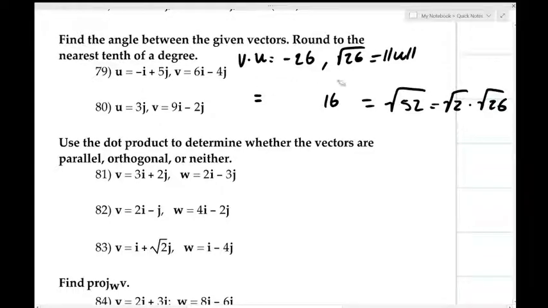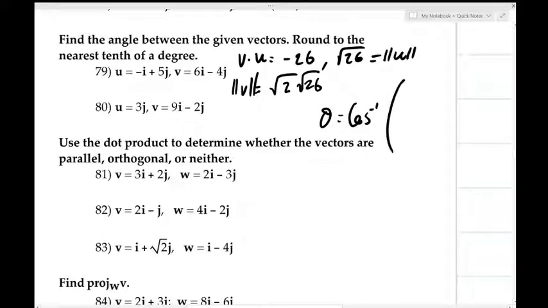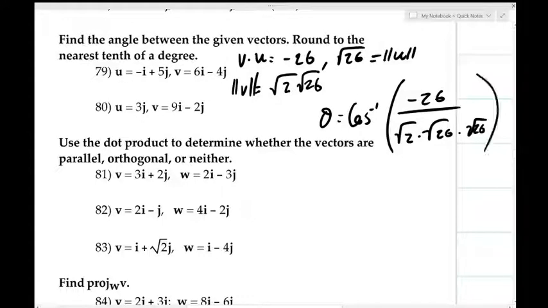So if we put all that together, okay, here's the deal, right? We have theta is cosine inverse of negative 26 over square root of 2 times square root of 26 times square root of 26.